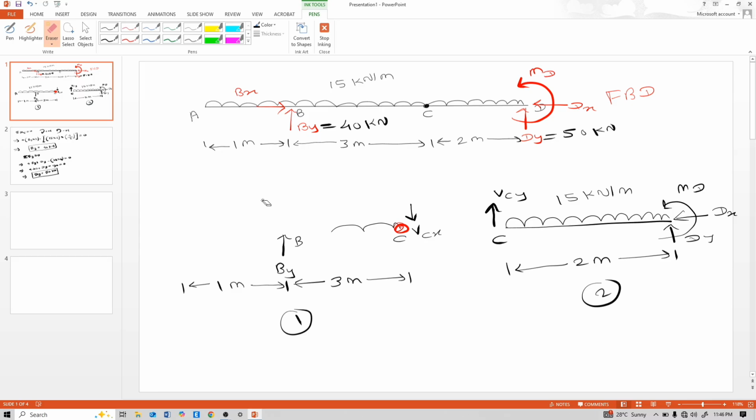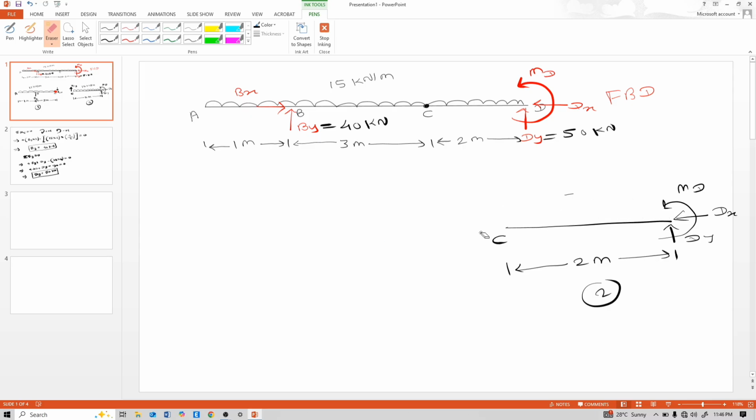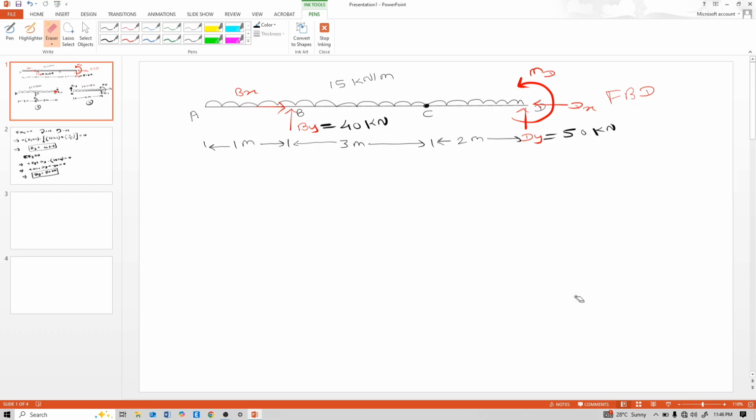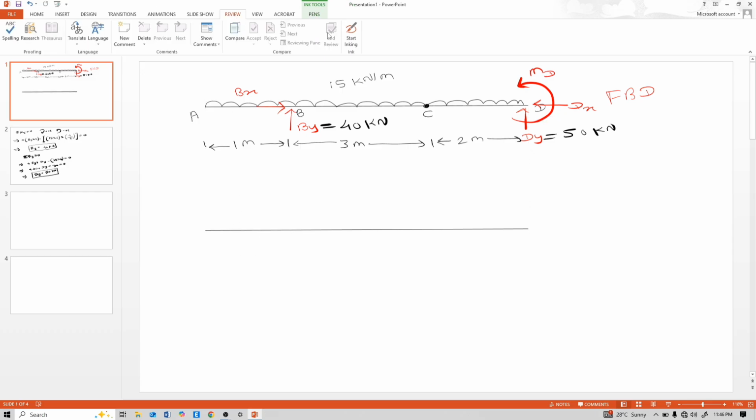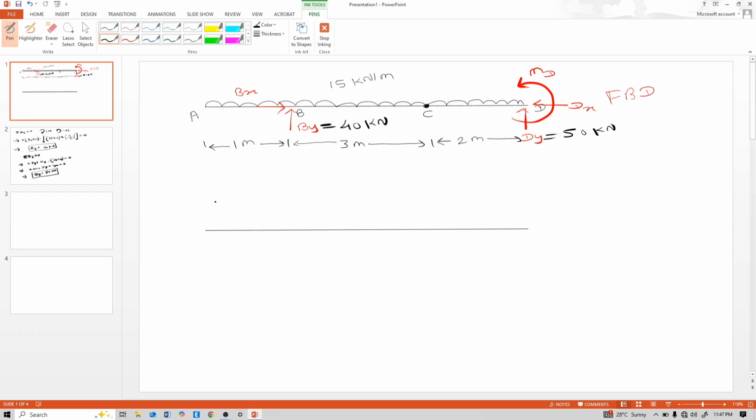Now calculate shear for this beam. First, draw the judgmental shear force diagram.